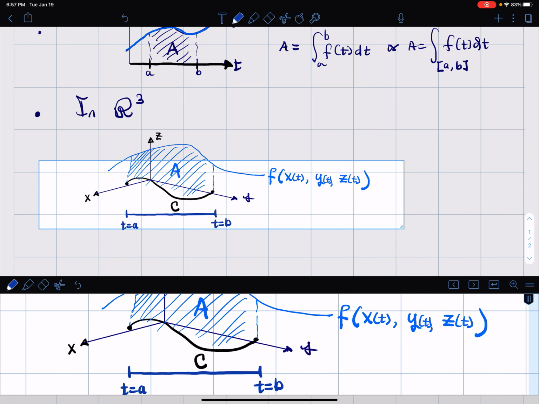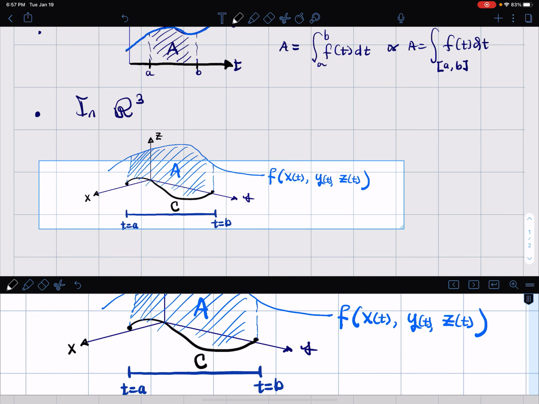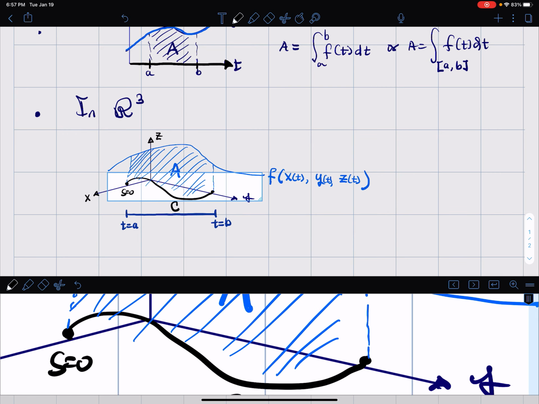If the length of the arc is in terms of s, for instance, so this point here might be s equals 0, okay? The units of the length of arc, s is equal to s1.